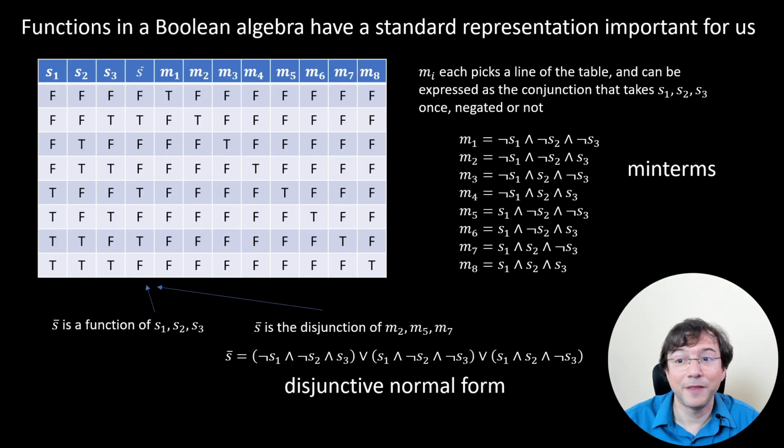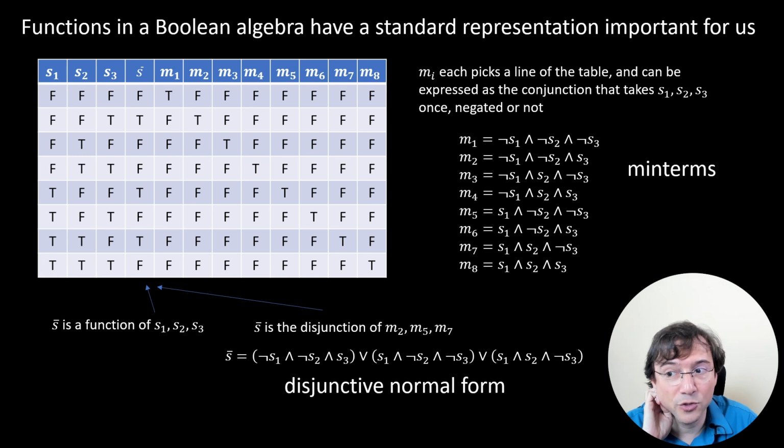Okay. The last thing that I want to talk about for functions is the fact that functions in Boolean algebras have a standard representation that is important to us because it essentially allows us to go from assignments to statements.